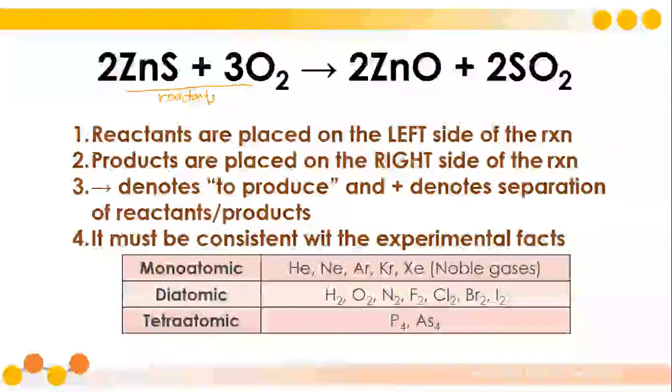And then on the right side, we have what we call the products. Okay? The arrow sign denotes to produce. And the plus sign, okay, denotes separation of reactants or products.